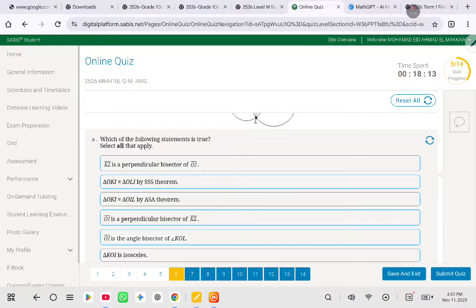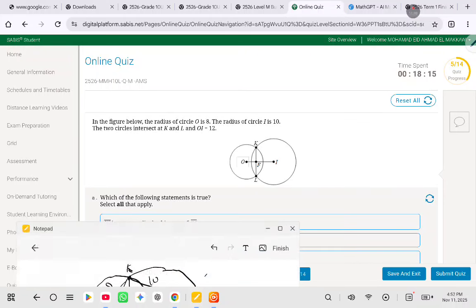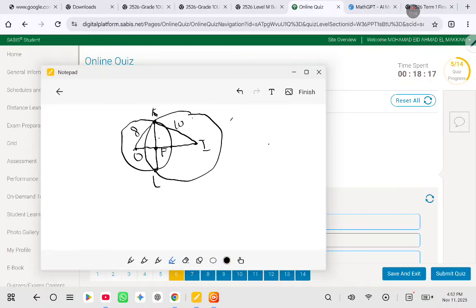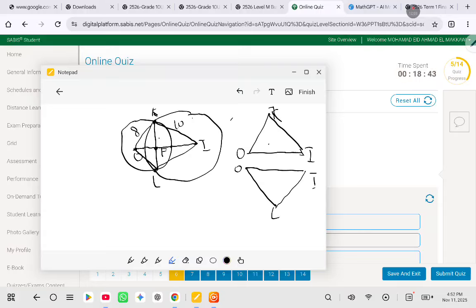OKI is congruent to OLI. Okay, guys, what you do here is you draw the triangles. You draw each triangle, right? So you draw OKI, which is this, and then you draw OLI, which is this.